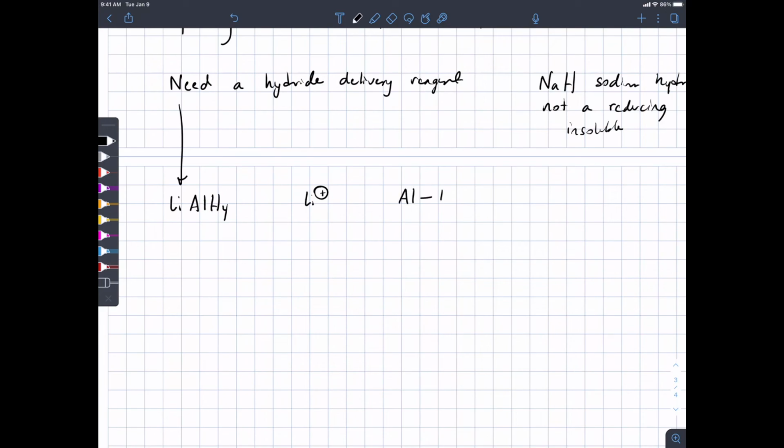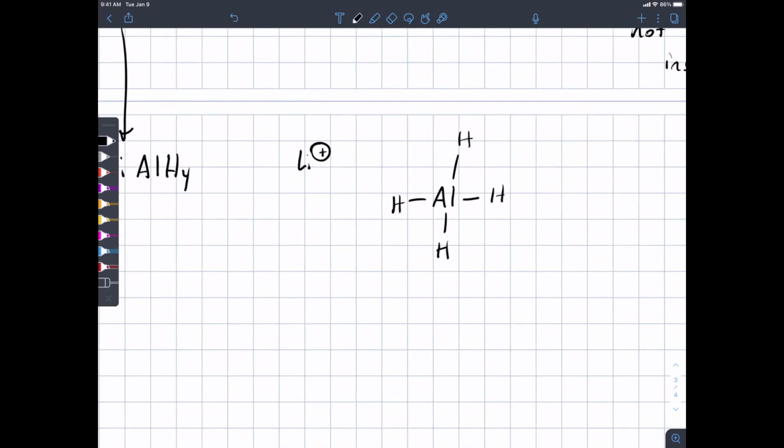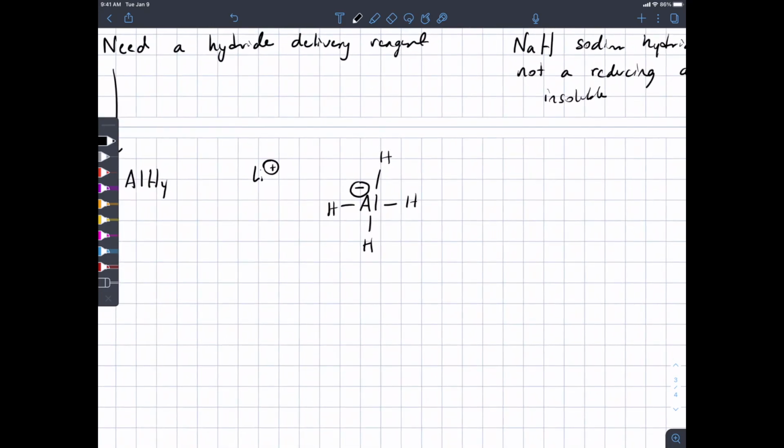Then aluminum hydride is aluminum bonded to 4 hydrogen atoms. Aluminum, like boron, normally comes with 3 valence electrons. It currently owns 4, so this is going to have a negative formal charge on it. But just like we talked about earlier today with the hydroboration reaction, aluminum is less electronegative than hydrogen.